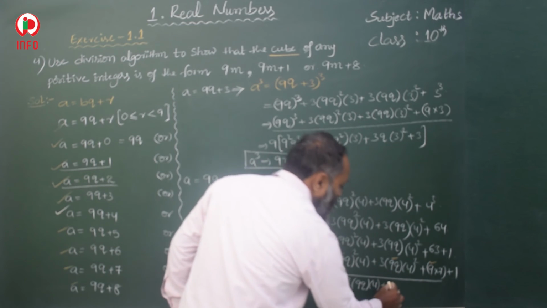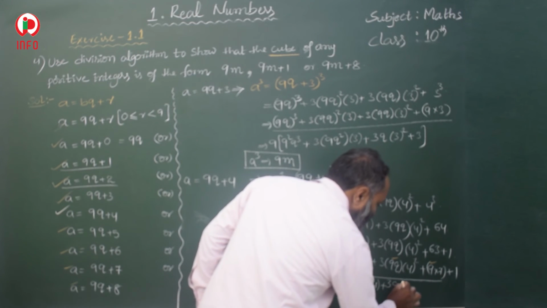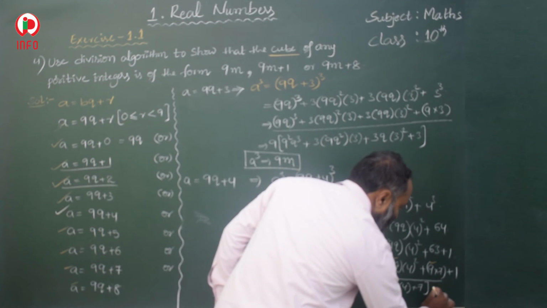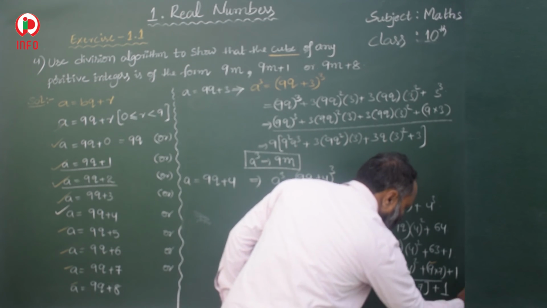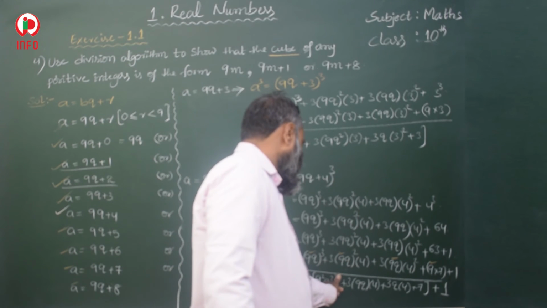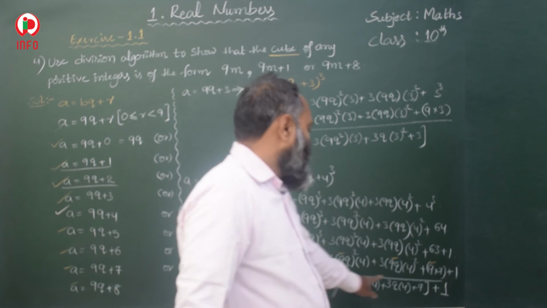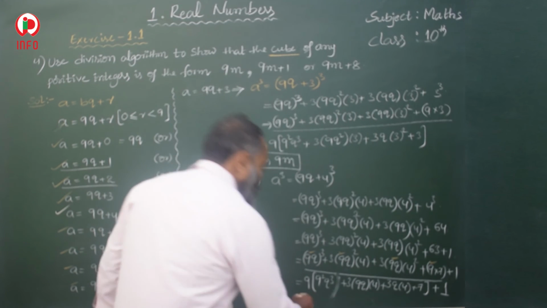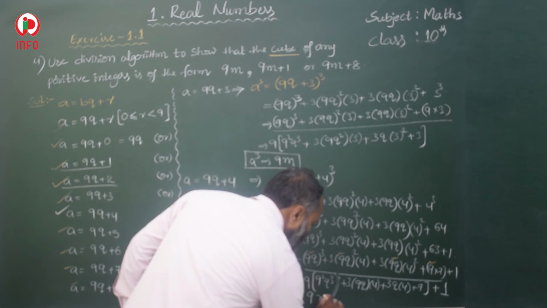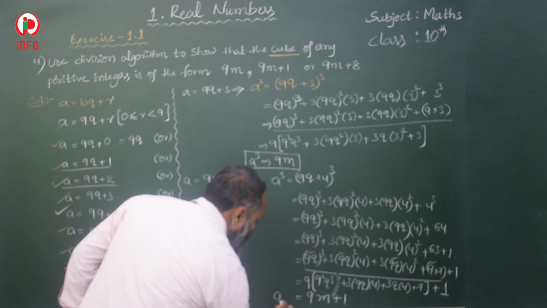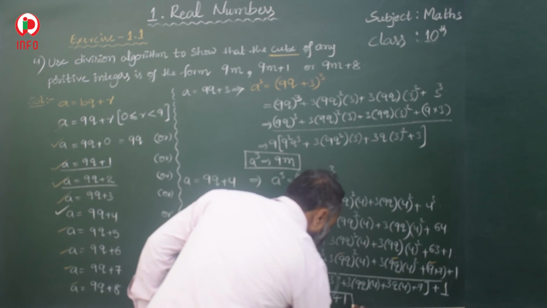Here 9 is common, 3 cube and 4 is left. Here 9 is common, 7 is left, plus 1. Then from here to here it is 9m, plus 1.